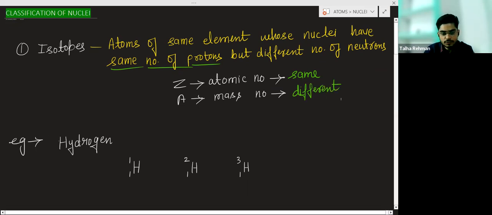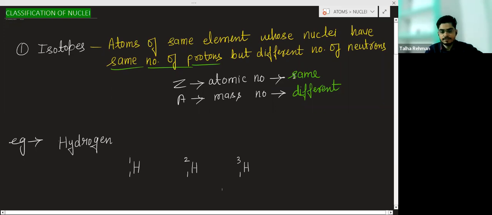Example, this is the example of the hydrogen element. In nature, hydrogen is found in these 3 forms. This is a hydrogen atom, this is also a hydrogen atom, this is also a hydrogen atom. And these are the isotopes of hydrogen. So in case of hydrogen, what is the same?